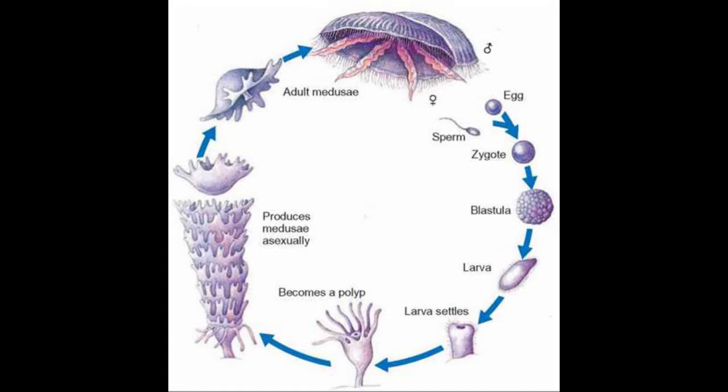Check this slide. Alternation of generation: first they form medusa, then they form a polyp, and again medusa. Such a generational alternation is called alternation of generation.